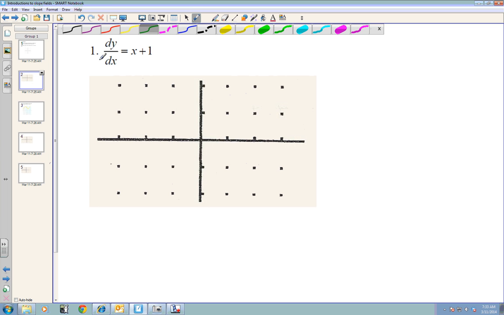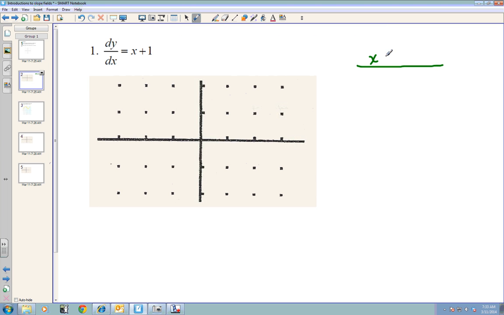So let's talk about what this is. dy/dx, we know that's the derivative of y, so we're looking at the rate of change. They already found the derivative for us. So here's how we find the slope field. I'm going to make a kind of t-chart.